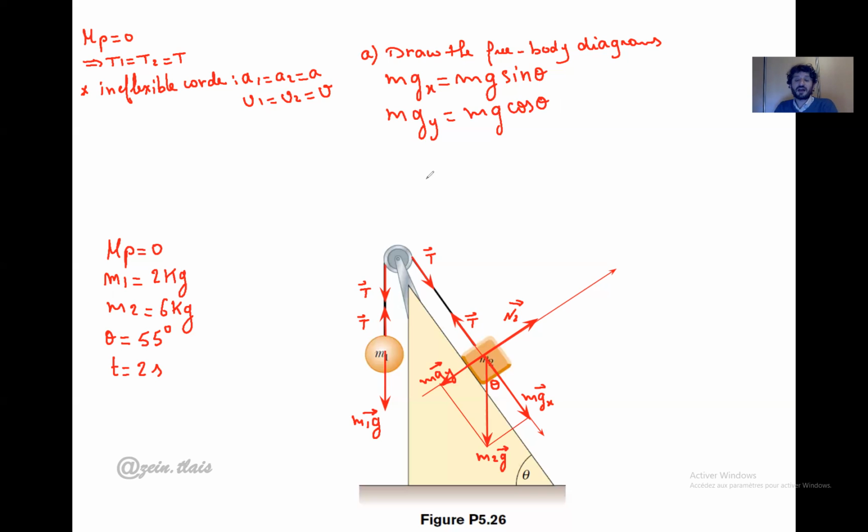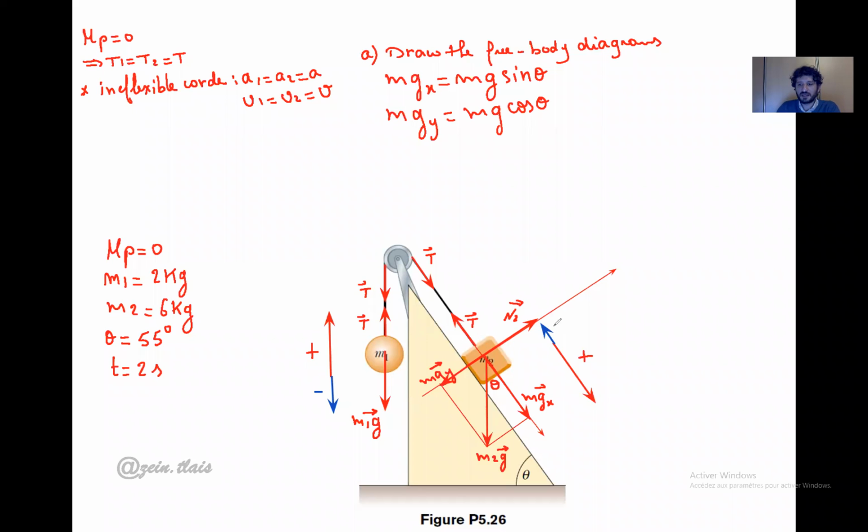Before that, I have to specify the positive and negative directions. We consider that the motion is clockwise, so M1 goes up and M2 goes down. So this direction must be positive for M1, and this one must be positive for M2. And the opposite is negative.